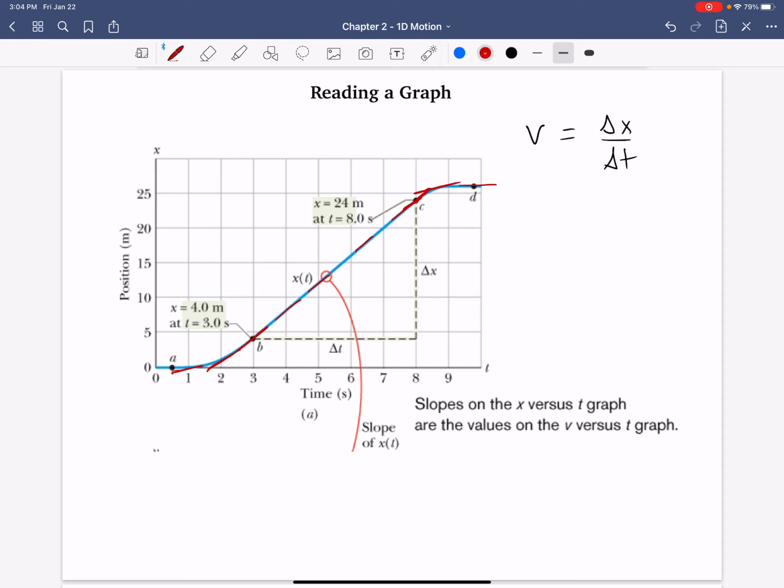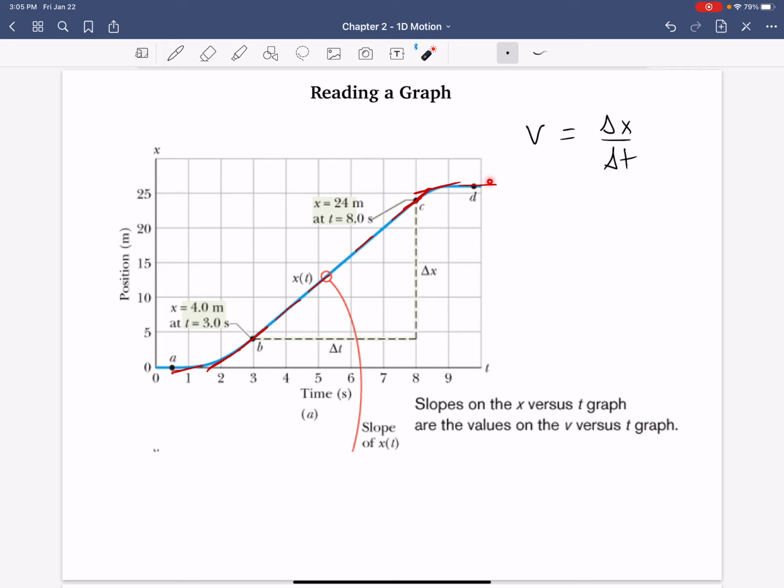It's decreasing speed, but still moving in a positive direction. Okay, that's an important distinction. It's decreasing speed because the tangent line is going from a positive slope value to 0.